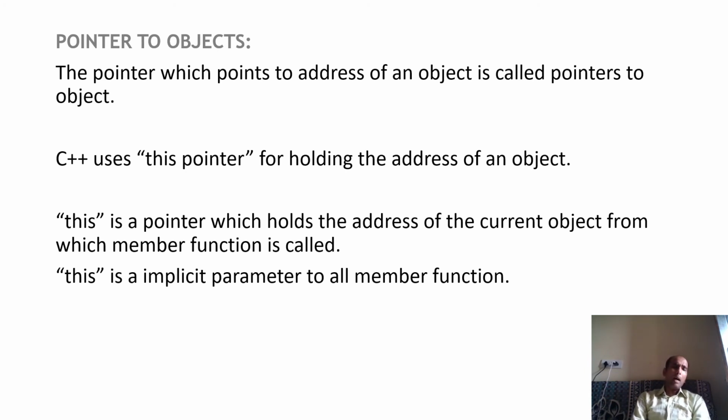Now tell me how the get and display methods know whether to take the value from the memory of A1 or A2 or A3. You will say I have called using A1.get or A1.display. But I am still not understanding how the get method knows that you are calling with A1, so it has to go to the memory of A1. Definitely something behind the program is giving the address of A1 to that function get or display when you call it using A1.